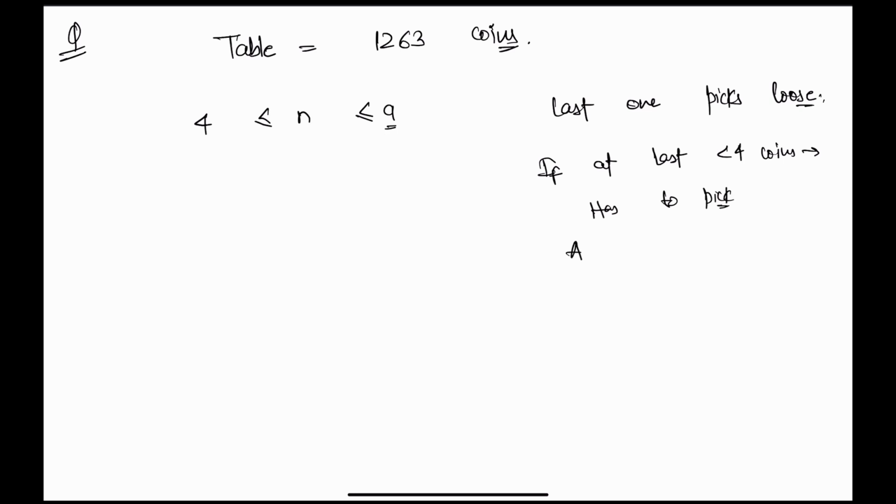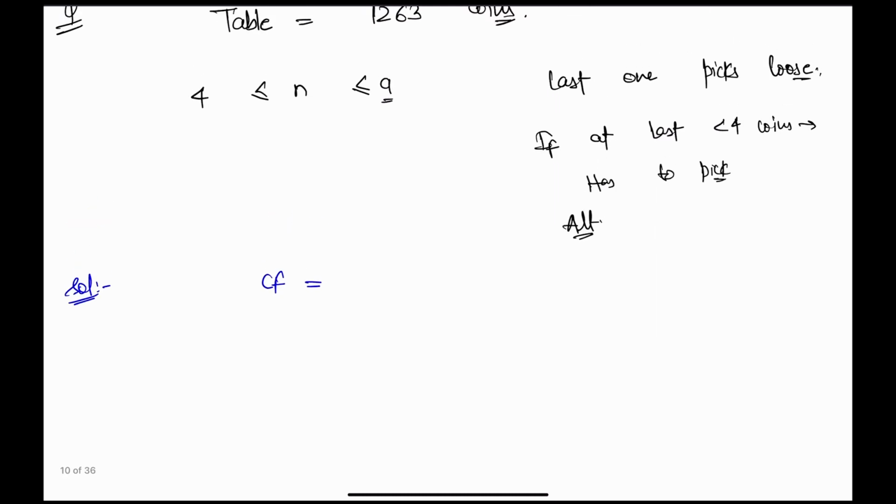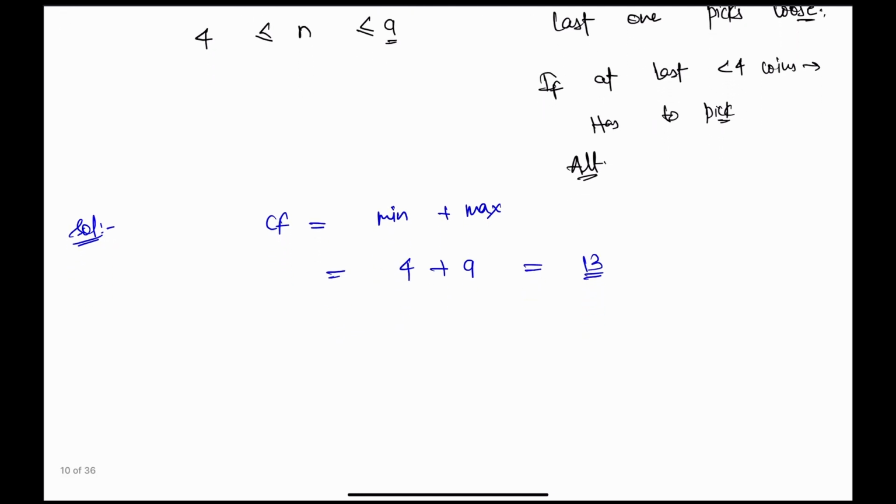Then alternatively, how many should the first person pick? Going by our basic approach, the first thing is to calculate the CF, which is minimum plus maximum. It is nothing but 4 plus 9, that is 13. Now find the losing series.